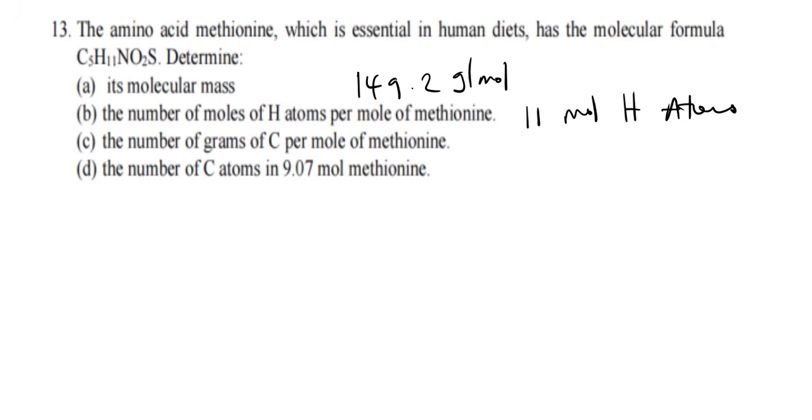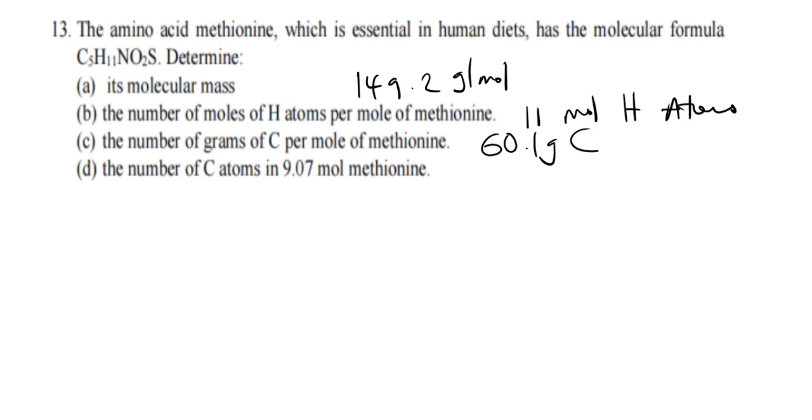In this case we've already found that there are 5 of them, and we have to multiply by its mass unit, which was 12. We found that it was 60, right? 60.1 grams of carbon per mole of methionine. It's only 1. There's no coefficient there. So basically that.